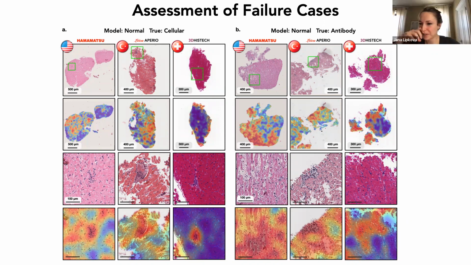What I was trying to say is that the model is looking at the right region. It's looking at the antibody-mediated rejection regions, but it didn't make the correct diagnosis. It still thought this was healthy, but the attention scores are placed in the correct regions, which was the motivation to use it as an assisting tool for the pathologist.